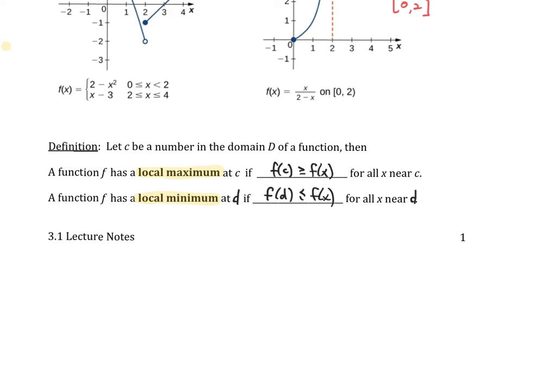So let's draw a quick picture. Okay, my picture will look something like this. And let's have our function start up here. It kind of comes down, comes back up, comes down, and then goes like this. Ends there. All right.